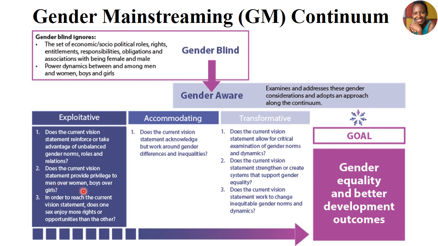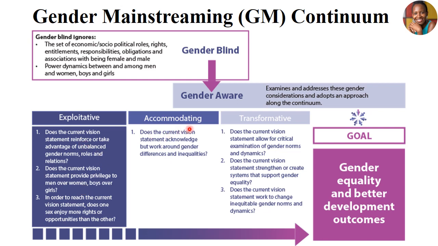It looks at the privileges existing between men and women, boys and girls, and then uses that to create opportunities that promote the exploitation of these genders rather than eliminating it. So exploitative does not provide solutions. It basically takes advantage of the existing discriminations, imbalances, and gender norms that do not favor the affected gender at that particular time.